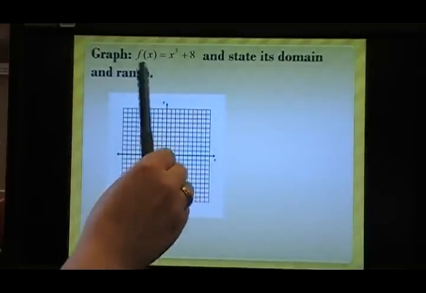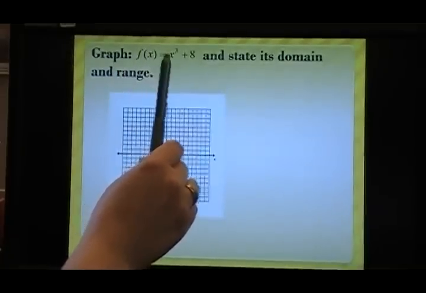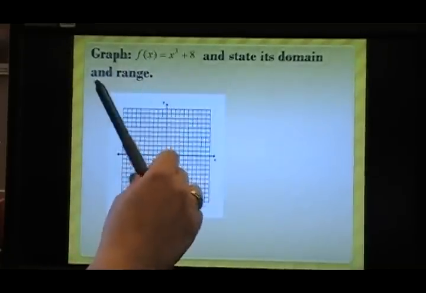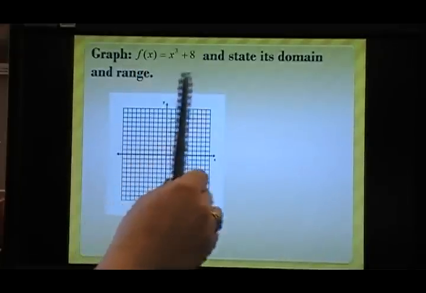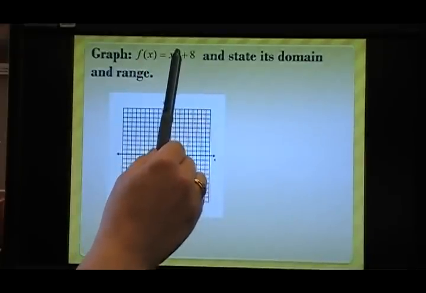So here, graph f of x equals x to the third plus 8 and state its domain and range. So what needs to be going through your head is, oh, I see this cube.